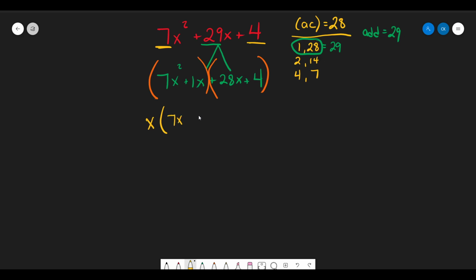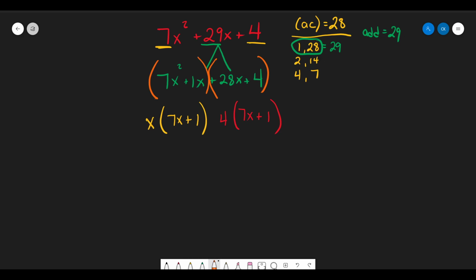When I take 1x and divide it by x, I'm going to get 1. I do the same thing for the second group. What is the GCF between 28x and 4? That's going to be 4. 28x divided by 4 gives me 7x. 4 divided by 4 gives me 1.